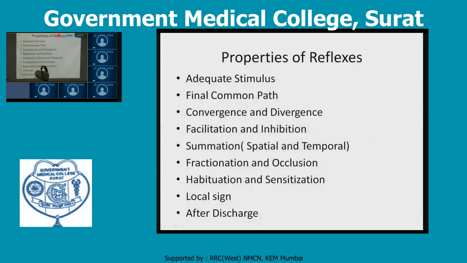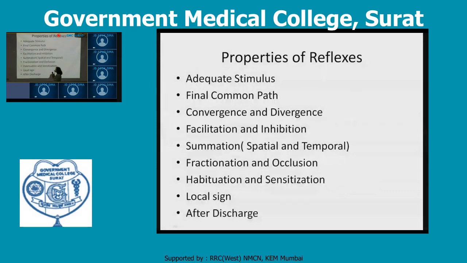The final path for elicitation of any reflex is these alpha motor neurons. So these excitatory and inhibitory inputs are balanced, and then a final output is generated in the alpha motor neuron, and that is why there is always one final path associated with the reflex activity.